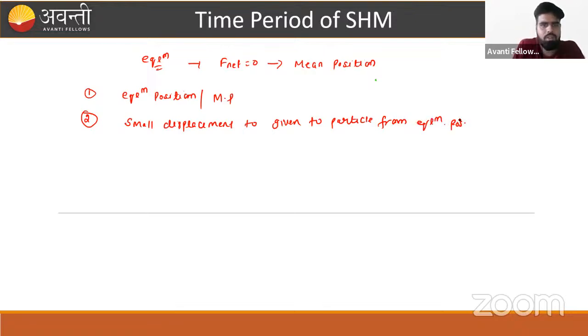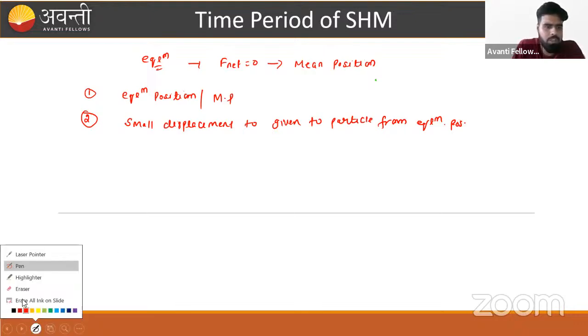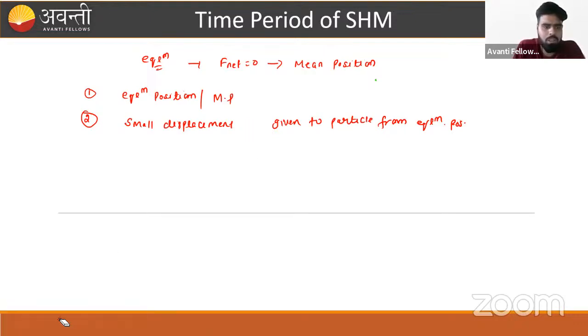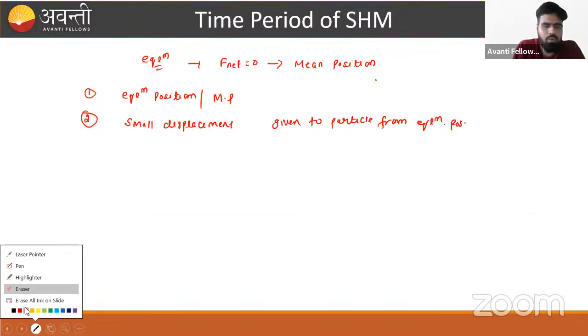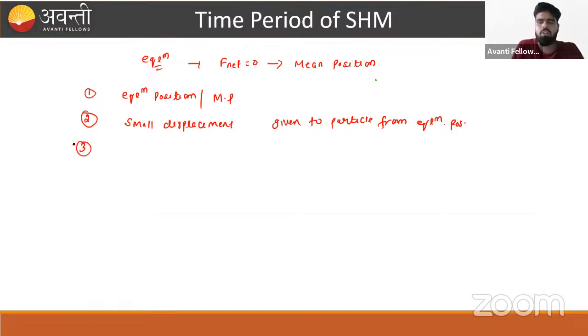A small displacement we have to give. Keep this point in mind, it is very important. What is the next step? Again write down the net force equation for the new position.